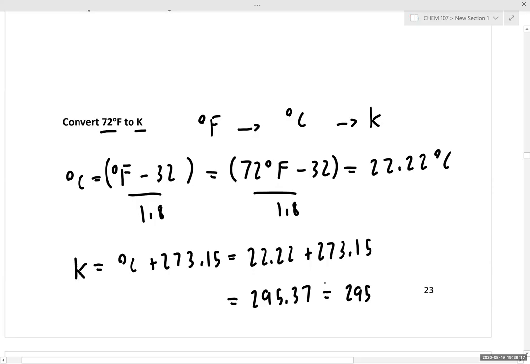Both of these answers will be accepted as of right now, but we'll learn later on in the class significant figure rules, and that'll explain why I rounded this number to 295.